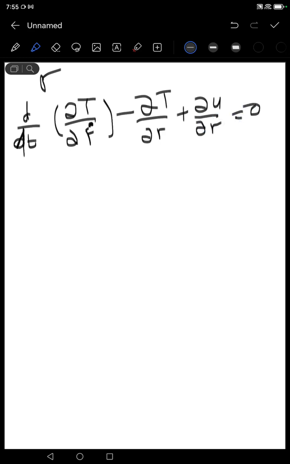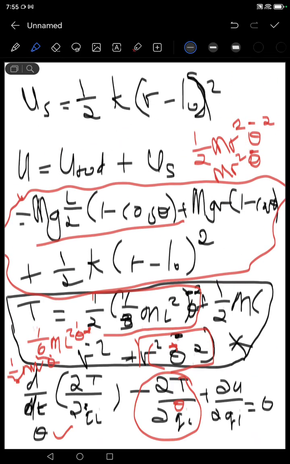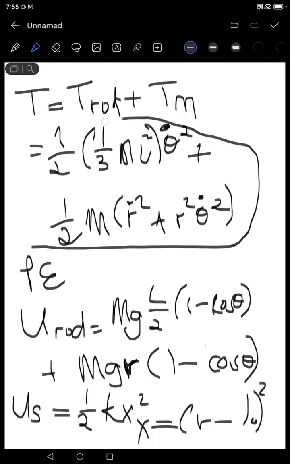Now we go back to our kinetic energy equation and check wherever there's r dot, we're going to differentiate. Wherever there's r, we're going to differentiate.